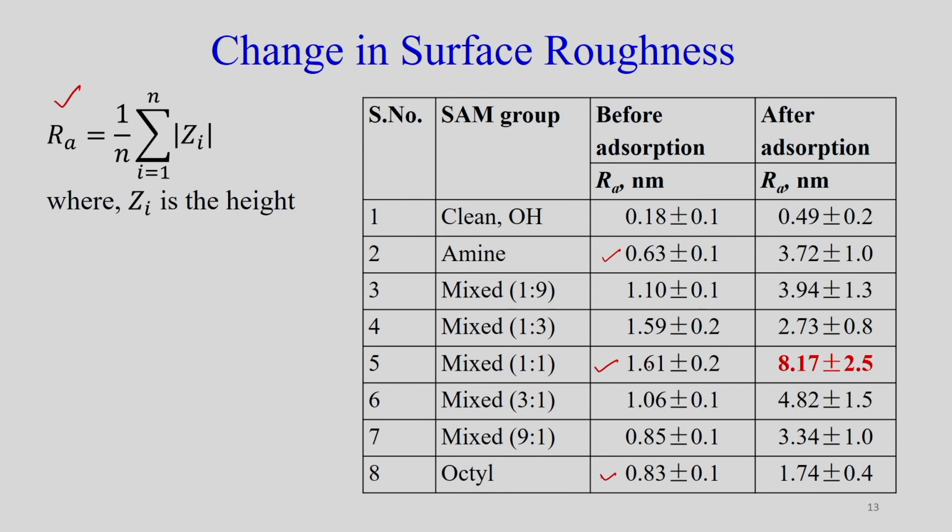It has increased from 1.6 to that, but for all other surfaces also there is an increase by many folds in the surface roughness, which reflects the adsorption and aggregation of the protein on the surface, and because of the presence of those adsorbed and aggregated proteins, the surface roughness has been enhanced.